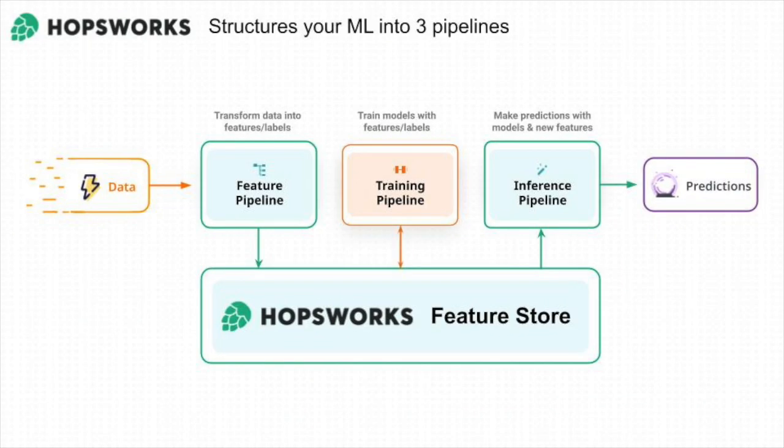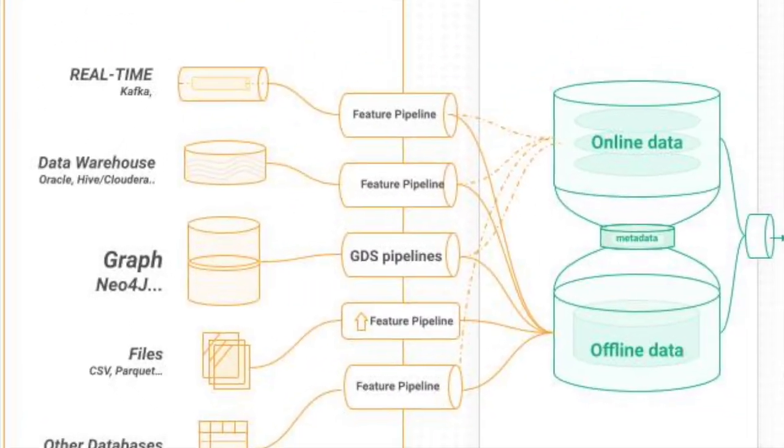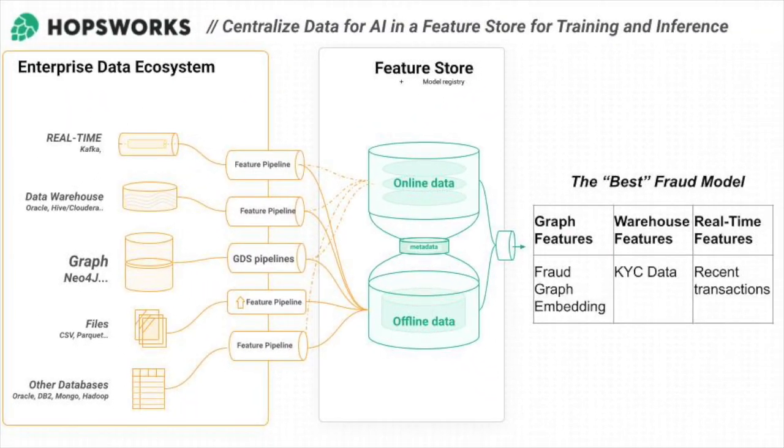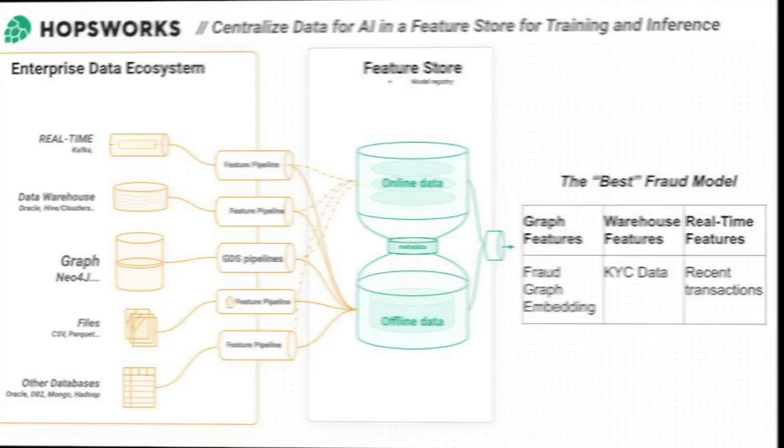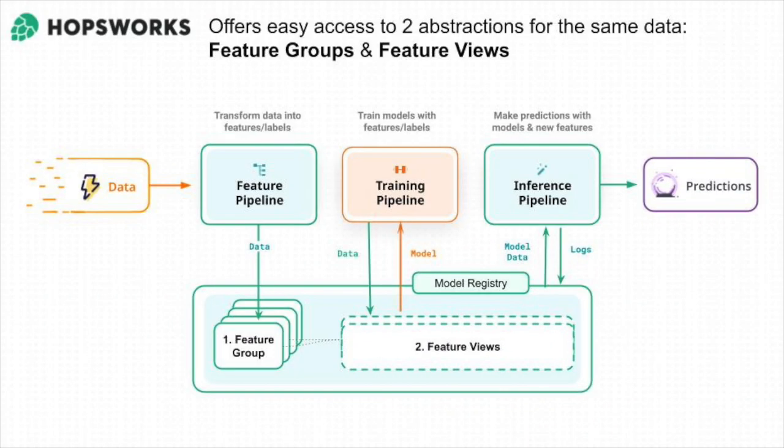This is where Hopsworks proposes a different type of architecture centered around a feature store. We will organize all of your feature pipelines, your training pipelines, and your inference pipelines around the same piece of software infrastructure. We will leverage your Neo4j data and put it into an architecture where you combine the online and the offline data together into one integrated platform for all of your different pipelines.